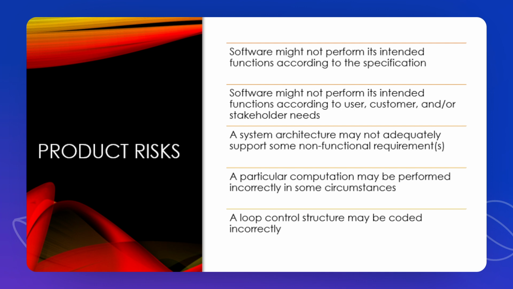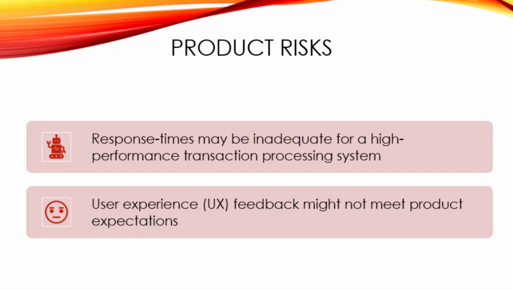If the result is wrong, the calculation is wrong, that is product-related risk. A loop control structure, for example, has an issue in the looping, so the code is giving a wrong result. Response time, a non-functional requirement, may be inadequate for a high performance transaction processing system. User experience feedback might not meet product expectations.